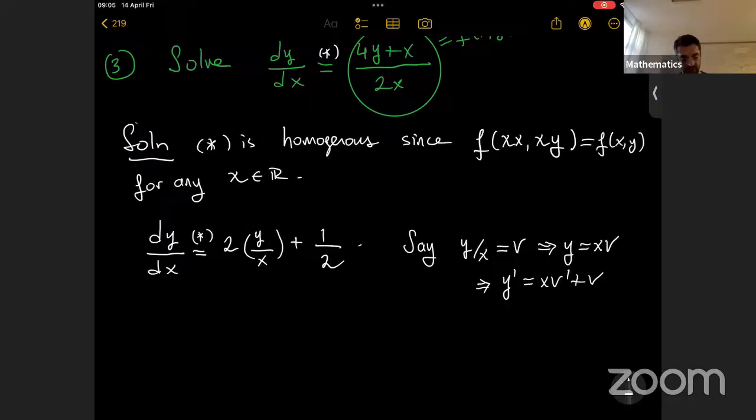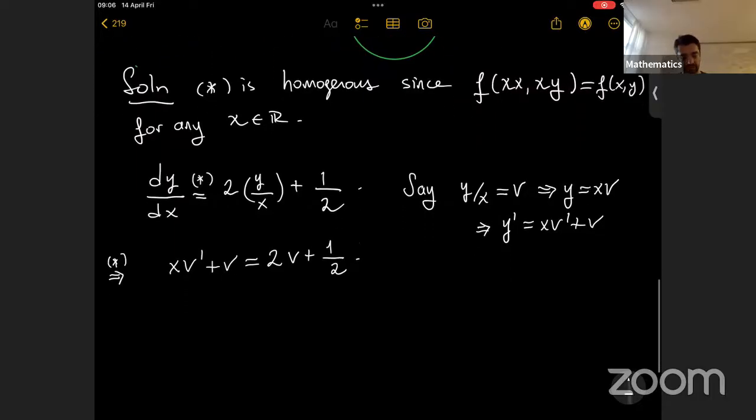So this equation, star, becomes what? Y prime, which is x times v prime plus v, is equal to 2 times y over x, which is v, plus 1/2. Okay, and from here, let's move this to the right hand side.